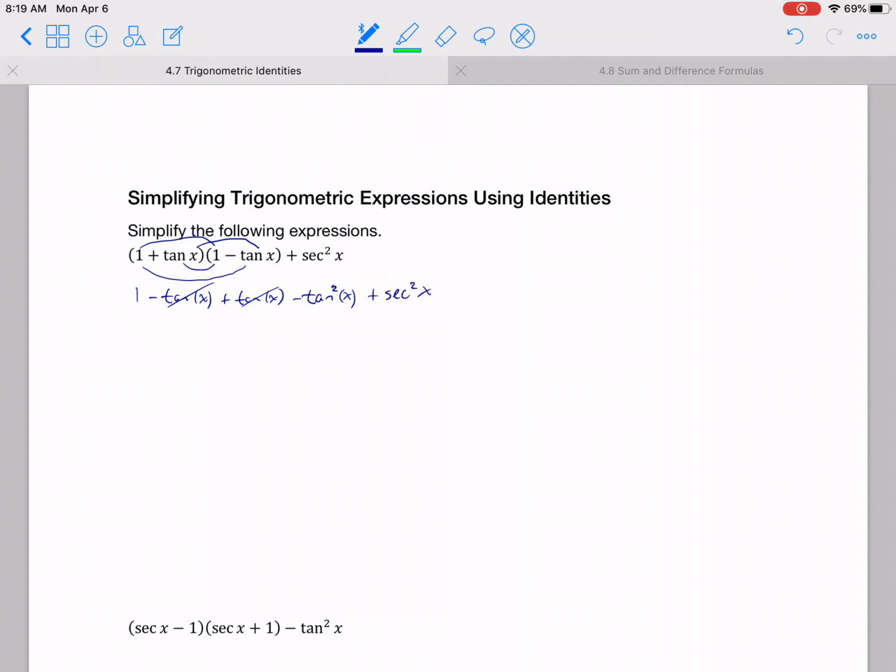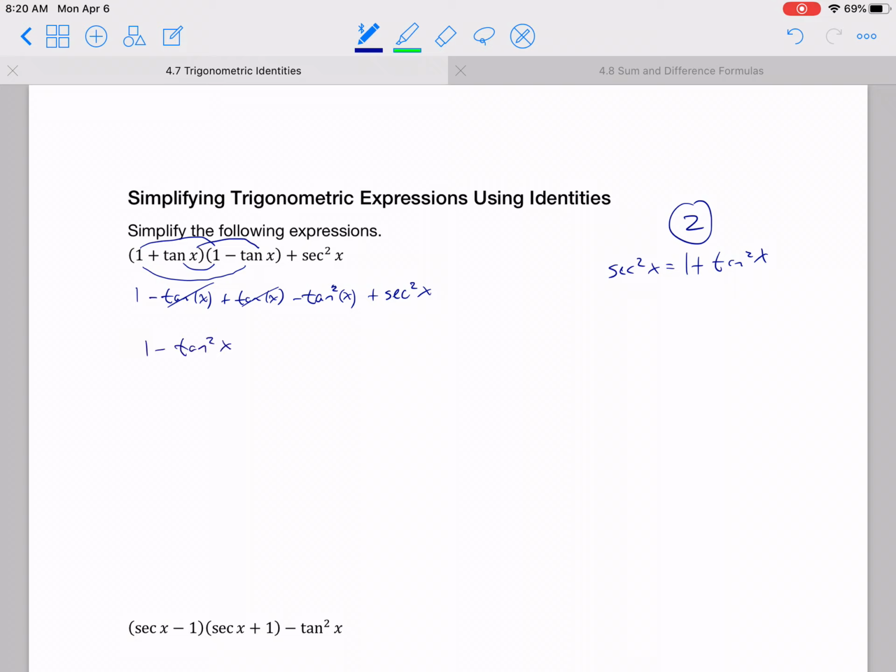And if you think back to our Pythagorean identities, I believe the second one was secant squared of x equals 1 plus tangent squared of x. That means we can go ahead and replace secant squared with that. And so we'll have 1 minus tangent squared of x.